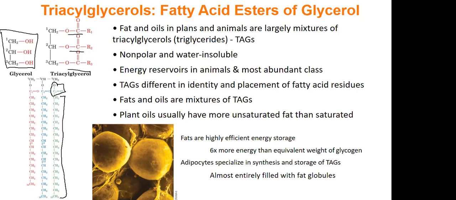You have enough fat in your body to live for like 2 to 3 months, right? So not only is fat way more energy efficient, we can just carry it around a lot more easily. And your cells that have fat in them, we call them adipocytes, and they're basically just cells packed full of fat. Shown here.